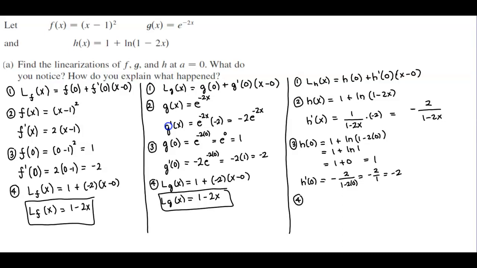So we have L_h of x. We know that h of 0 is 1 plus h prime of 0, which is negative 2, times (x minus 0). And so L_h of x is going to equal 1 minus 2x.